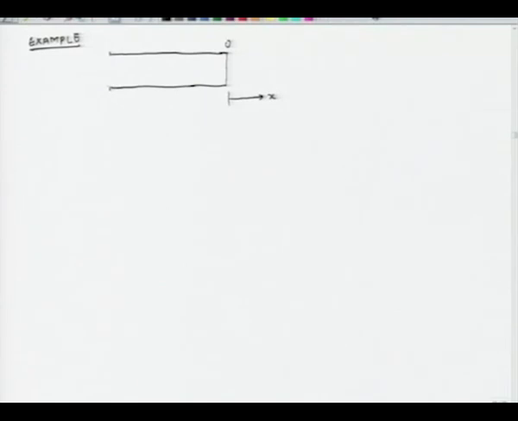The open end of the tube is where x equals minus L. I have a piston and this piston is generating a pressure wave. So, let us say, excuse me, this circle could be drawn better.